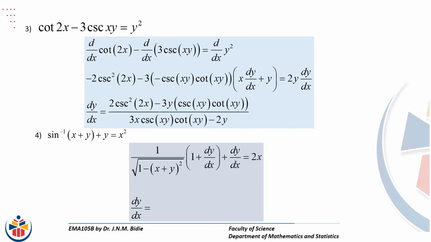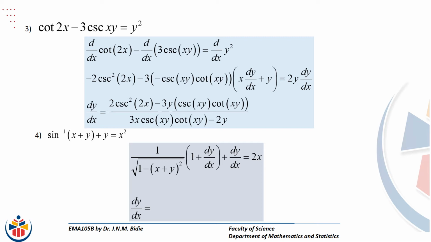I'm hoping we still remember the derivative of cot is negative cosec squared. And then because the argument of cot is 2x, the argument of negative cosec squared will also be 2x, but that answer must be multiplied by the derivative of the argument, which is the derivative of 2x, which gives us 2. Hence, we have negative 2 cosec squared 2x.